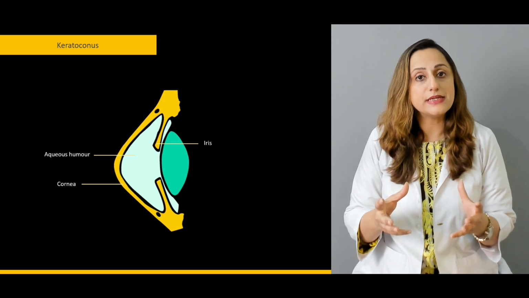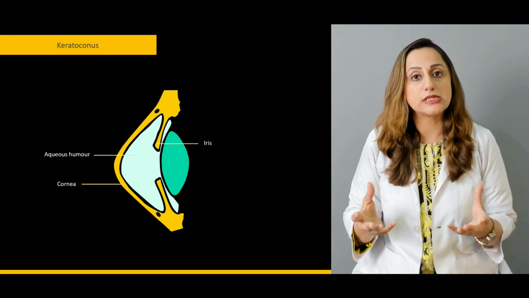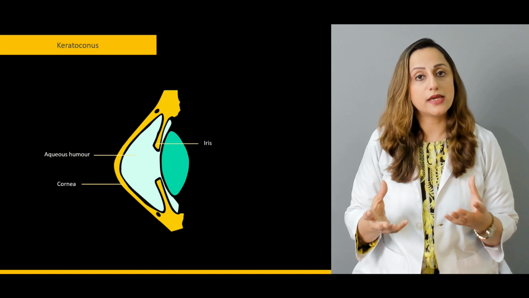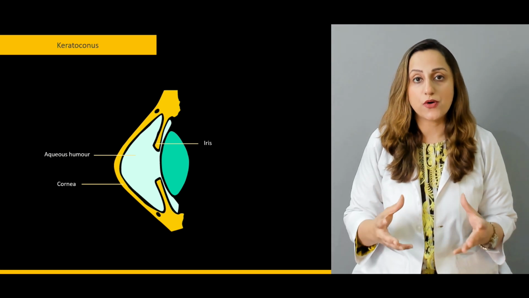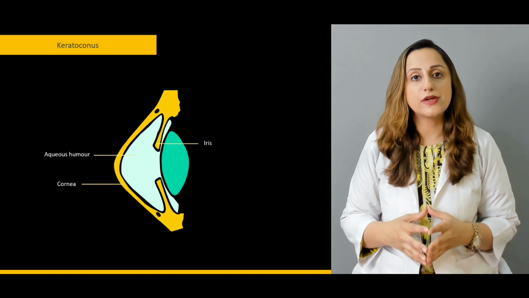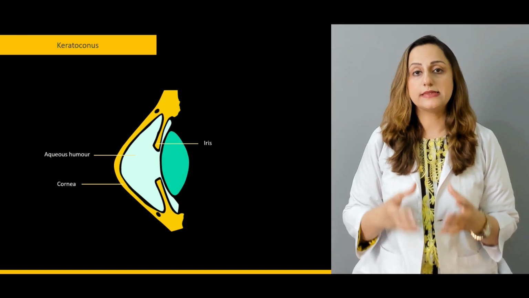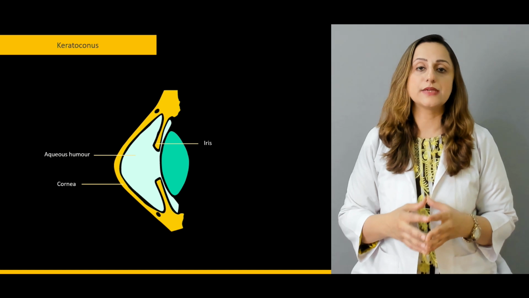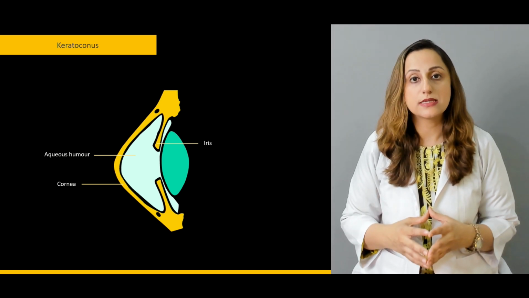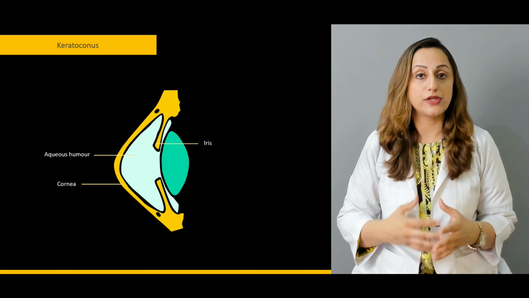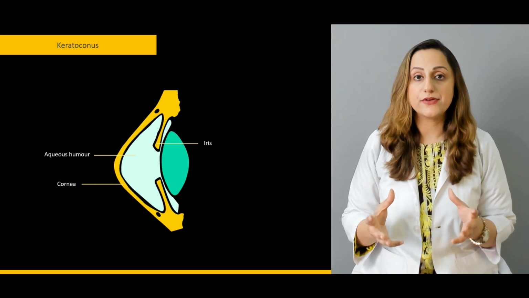There can be certain pathological conditions which can result in the disturbance of the shape of the cornea, and again it is going to affect the vision of the individual. That is going to be the main symptomatology in cases of ectatic conditions of the cornea primarily.